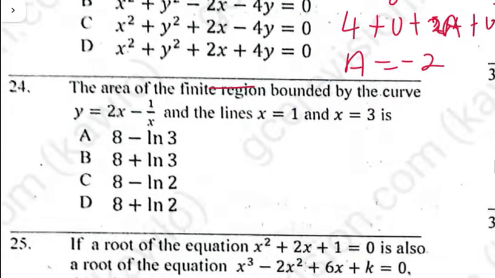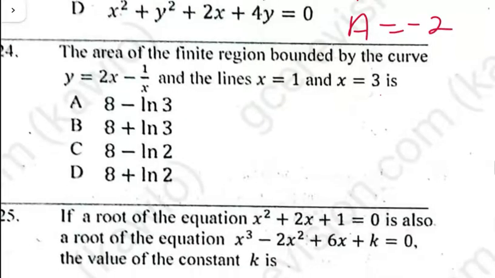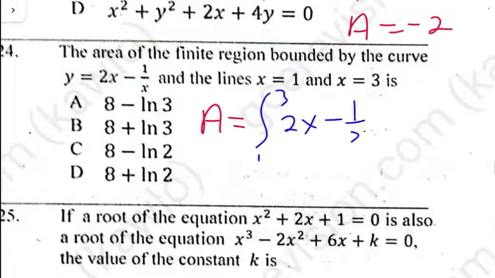Question 24. The region bounded by the curve y equals 2x minus 1 over x and the lines x equals 1 and x equals 3 is. The area will just be equal to the integral from 1 to 3 of 2x minus 1 over x dx.